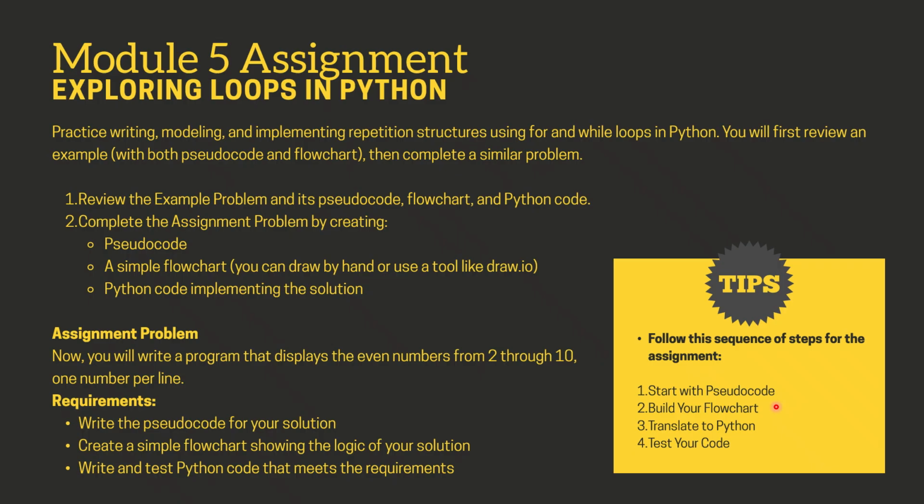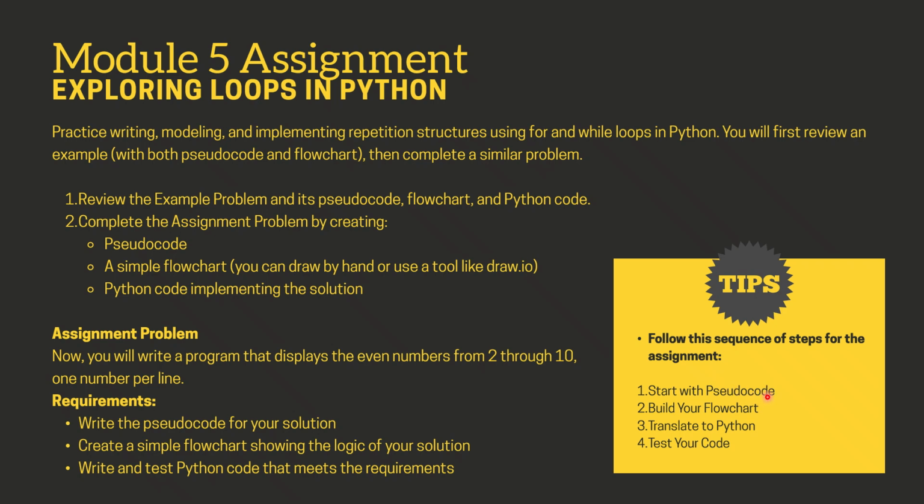If yes, then you display the number, update the counter, and loop back. I showed you examples of that. But if no, then you exit the loop. Even if you draw it by hand, make sure that your arrows clearly show the repetition.